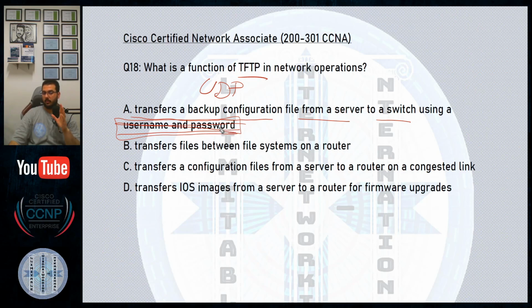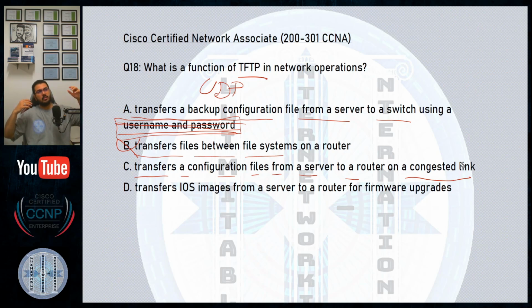So not TFTP, you can leave that. Transfer files between file systems inside a router, no. Transfer a config file from a server to a router on a congested link, can be. You can send traffic data from a server to a router and the link has congestion, but this is a TFTP server, using UDP, and you have a congested link, so you will only transmit the data one time and you will never care whether the data reaches the other side or not.